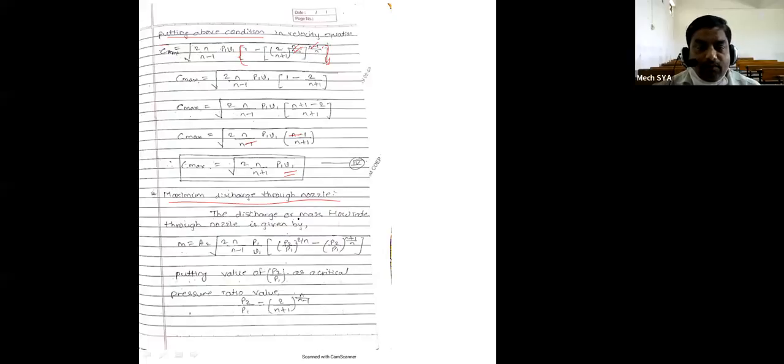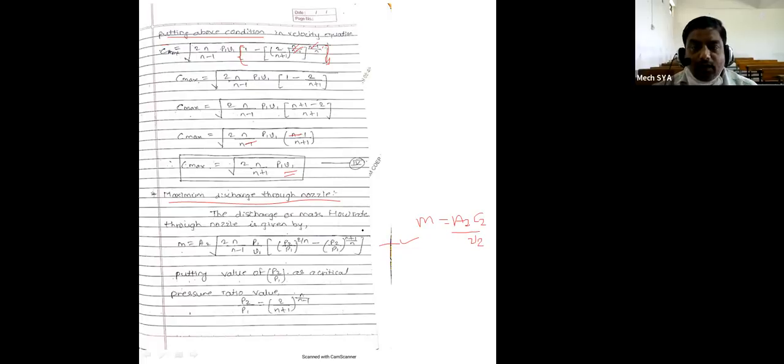The mass flow rate through the nozzle is given by m is equal to A2 into square root of 2n upon n minus 1 P1 upon V1 into bracket P2 upon P1 raised to 2 upon n minus P2 upon P1 raised to n plus 1 upon n. This equation we have resolved earlier. We know this equation by putting m is equal to A2 C2 upon V2, and in V2 we put the P2 upon P1 relation that we have learned.